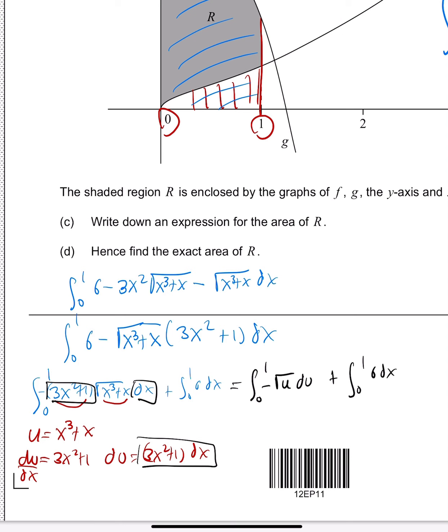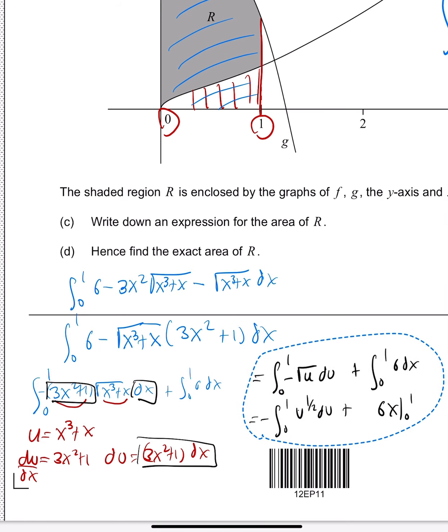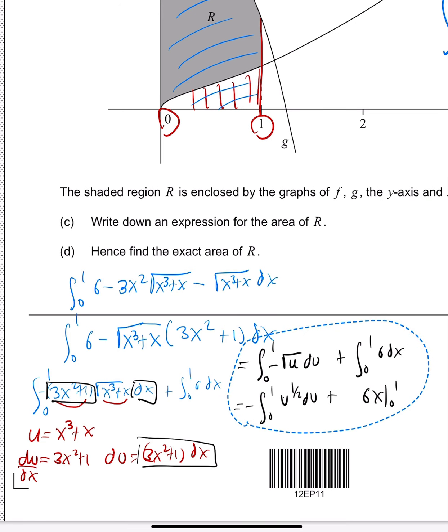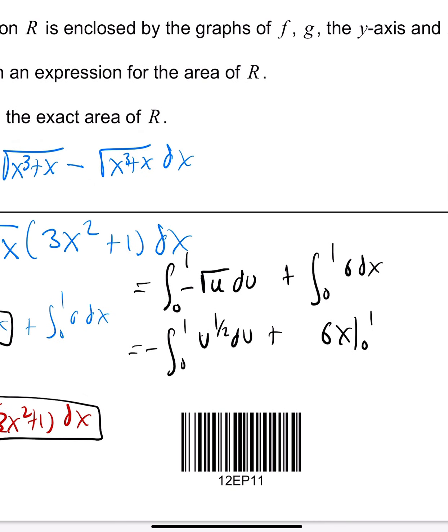Now, this is equal to minus 0 to 1 u to the 1/2 du plus, and here we can just solve this, 6x from 0 to 1. We need a tiny bit more space. I'm going to move these things up here. But I think we're basically there.